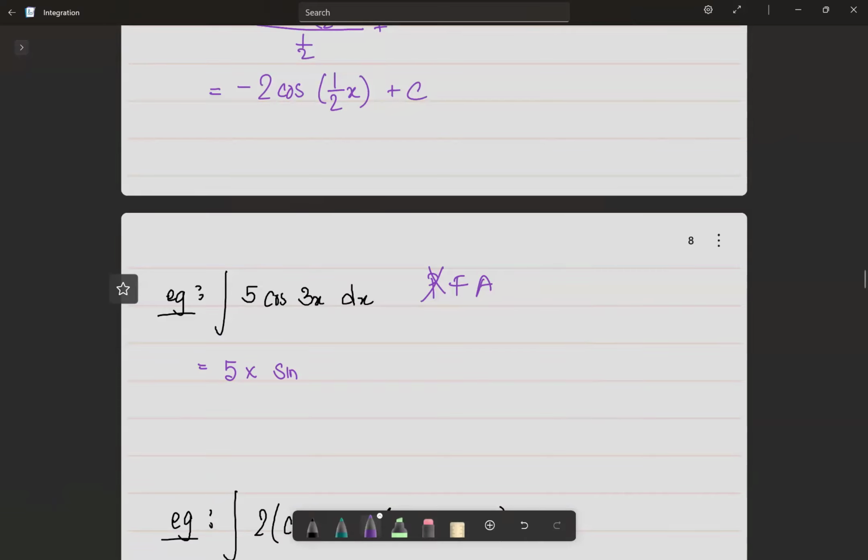In IGCSEs, we won't be concerned with power. So we have 5 into sine 3x. Now the function is done, and we are concerned with the angle. The angle is 3x, so integration would be divided by 3 and then plus c in here. So we get 5 by 3 sine 3x plus c.